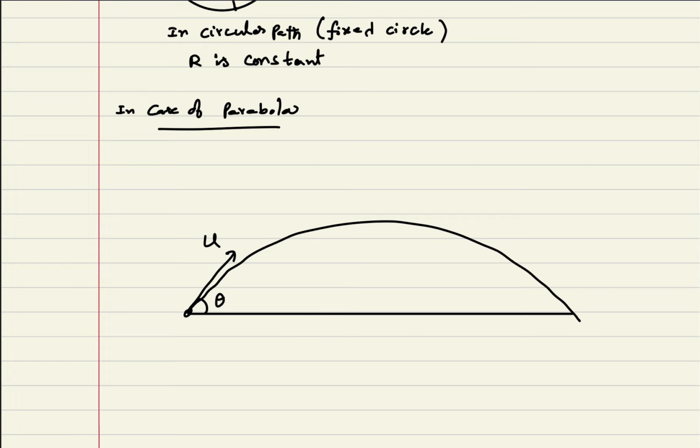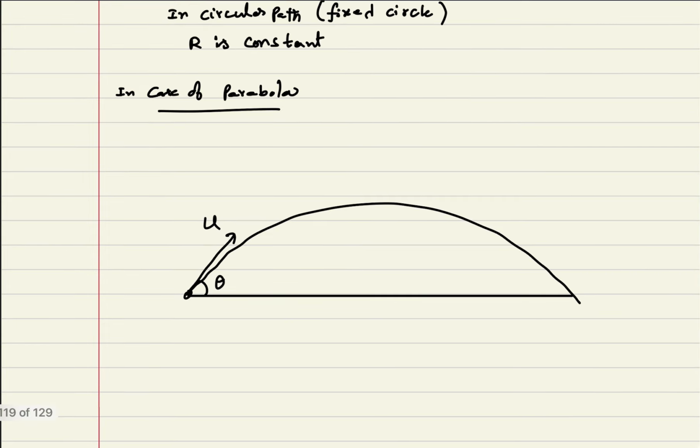In this case, if you want to calculate the radius at different points, suppose here some radius will be there, with the center at this point. At different points, different radii will be there. That's why I am calculating at the highest point and at the starting point.